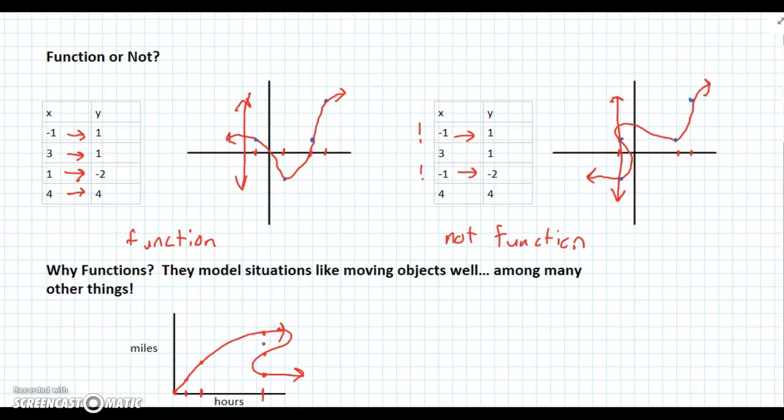Now, can you imagine doing that? You'd have to be able to travel in time. It's not possible. And because of this, functions are kind of a natural type of relationship we use a lot, and there's certain features that come along with them that make them handy to use. There's actually a lot of good assumptions we can make if we know something's a function, to kind of make our work easier.